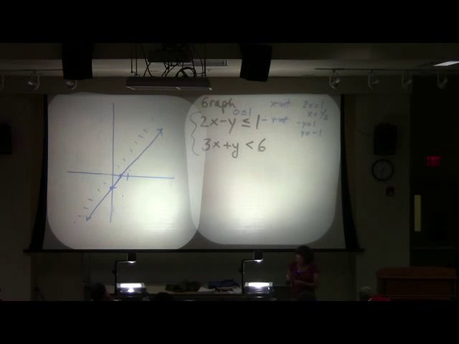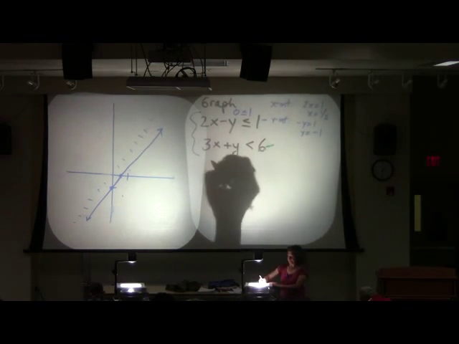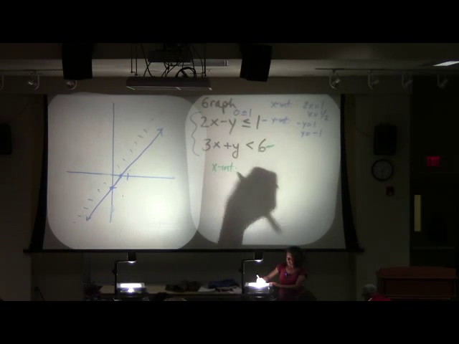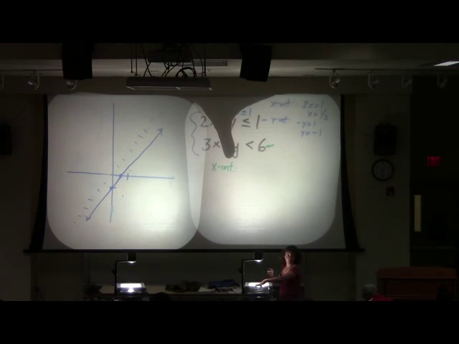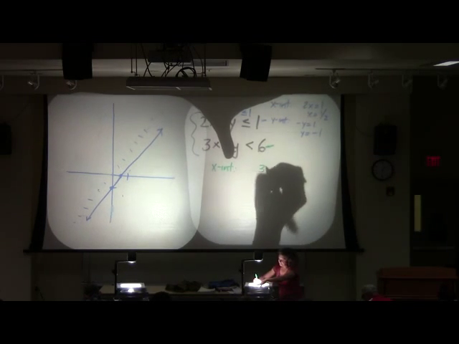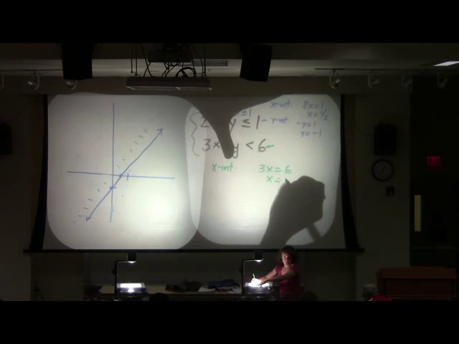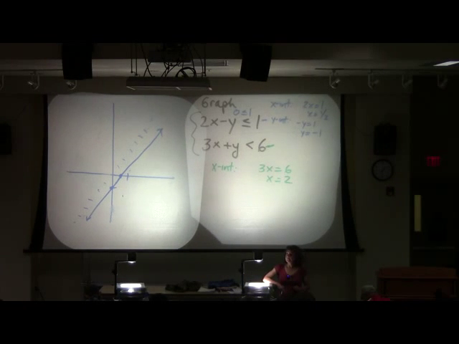Okay, my next line, how about we do him in green? So, let's find our x-intercept. To find my x-intercept, don't I set y equal to 0? So I'm solving 3x equals 6. So what is x equal to? 2. You with me here? Right?